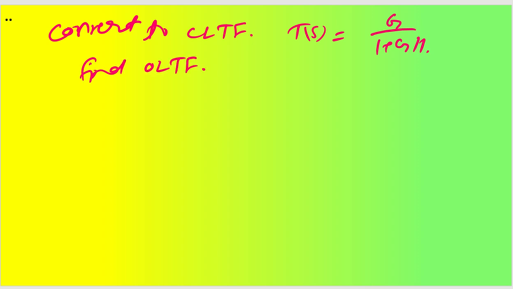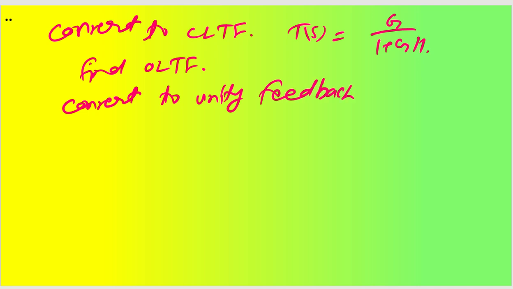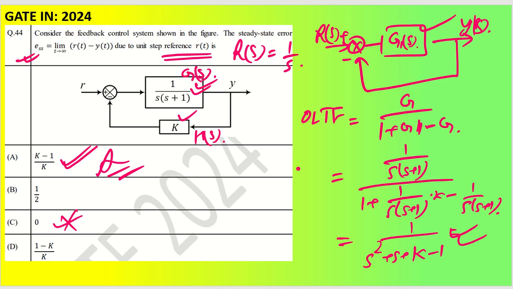Then you convert to a unity feedback system, as I told you, and then find the steady state error. So option number A was right for this particular question, which was asked in Instrumentation GATE 2024.